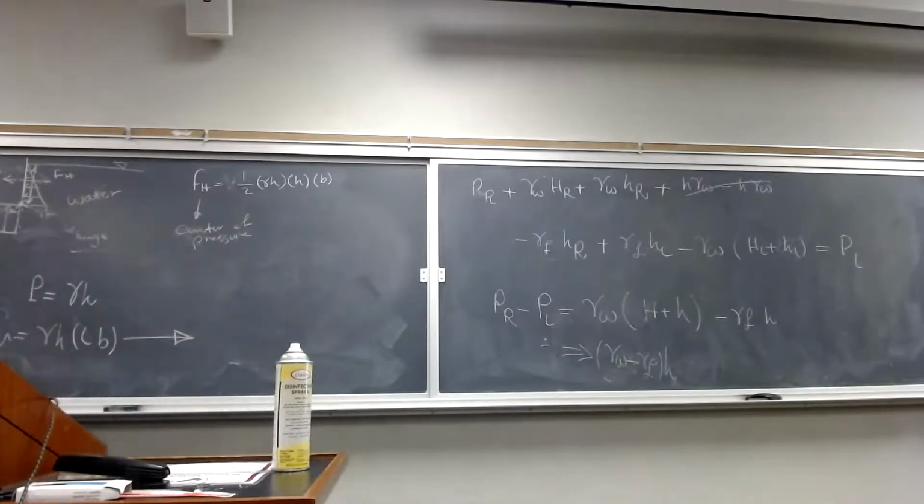But what can we say about this vertical force? This vertical force is a uniform force. And what is the location that this force passes through? Just think about it. We have a uniform distribution of force. We want to find the location that the resultant force passes through.